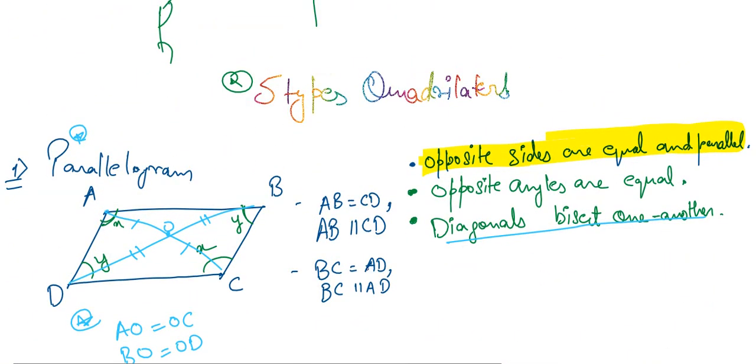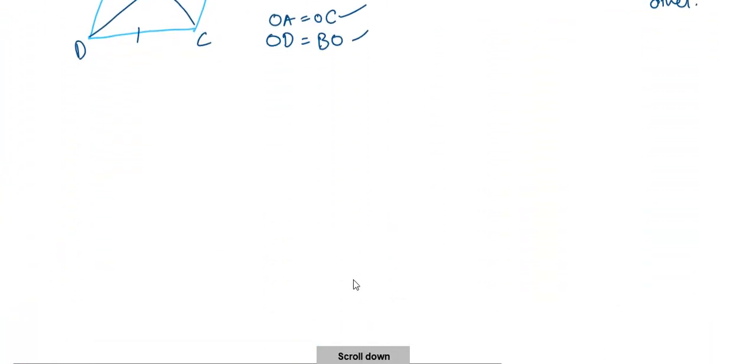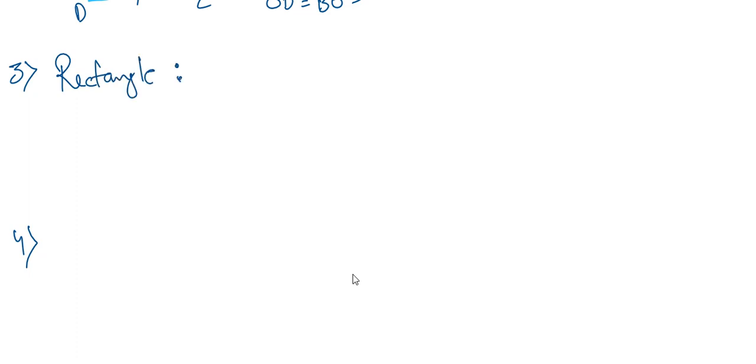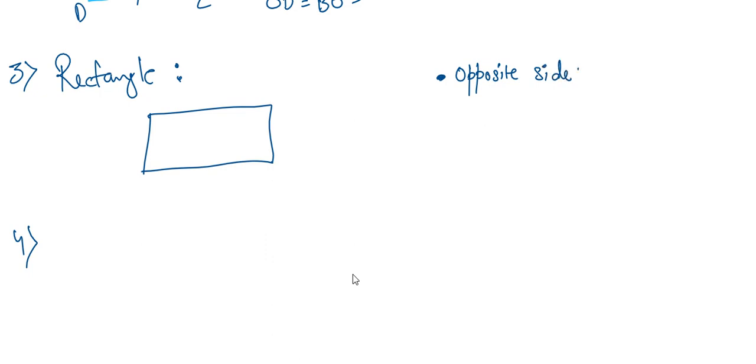Let me come up with the next set of quadrilaterals, the third and fourth, which we have already come across. Rectangle, which you have been playing with since childhood. I don't even have to show the properties. Opposite sides are equal as well as parallel.